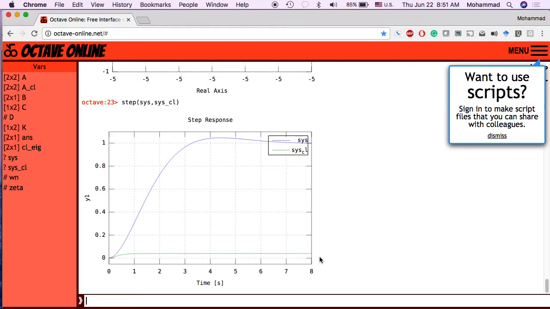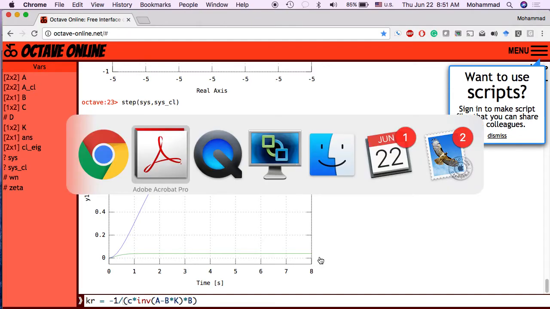So let's calculate Kr. So Kr is -1 divided by C times inverse of, so I'm going to write it, A minus B times K. This is inverse of this matrix times B. Let me double check the formula.